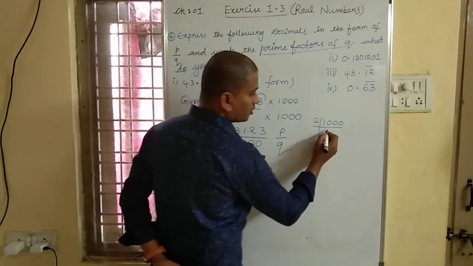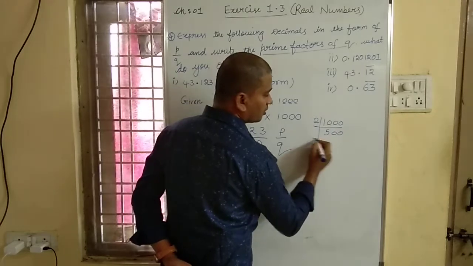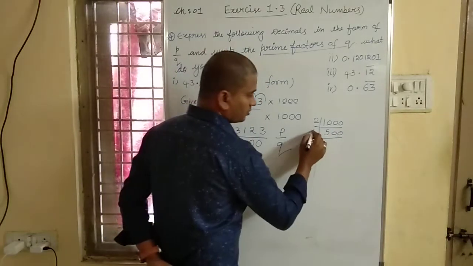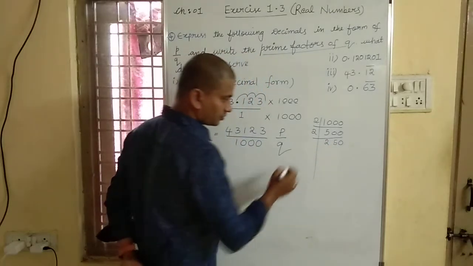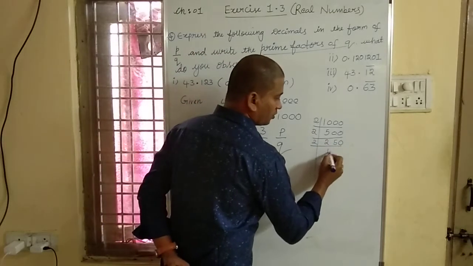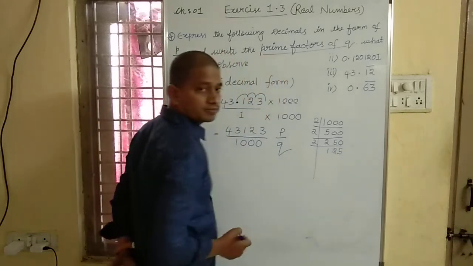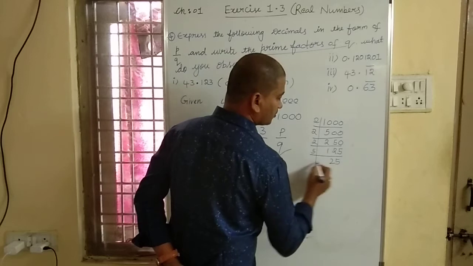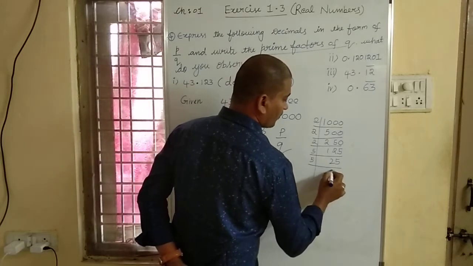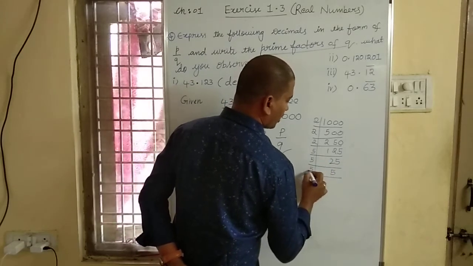Q is 1000. 2 into 500, 2 into 250, 2 into 125, 5 into 25, 5 into 5, and 5 into 1.